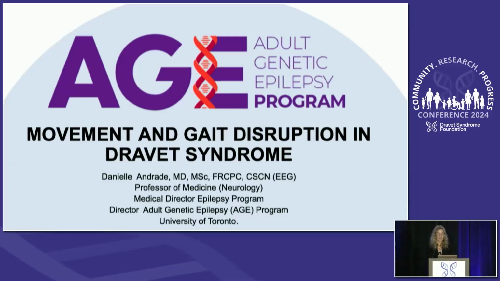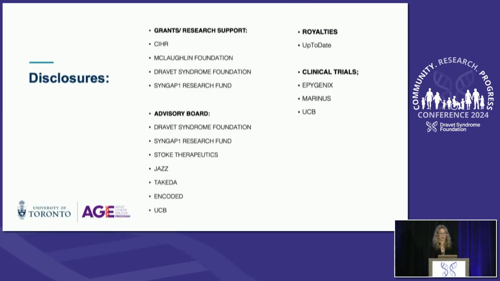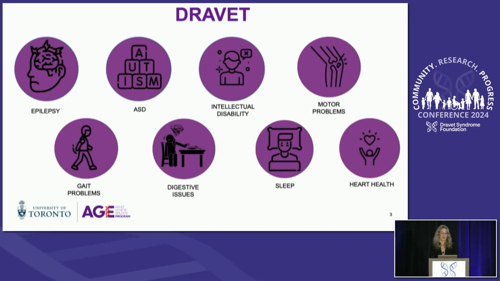Okay, so I'm going to be talking about movement and gait disruption. You've heard some of that. Here are my disclosures. Gait and movement disorders is just a part. As you know very well, Dravet is a lot of things.